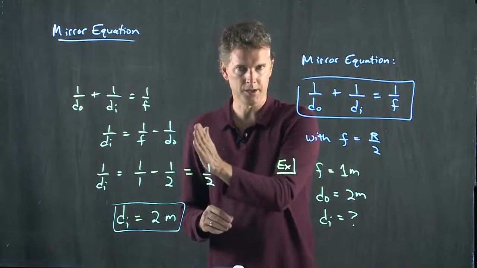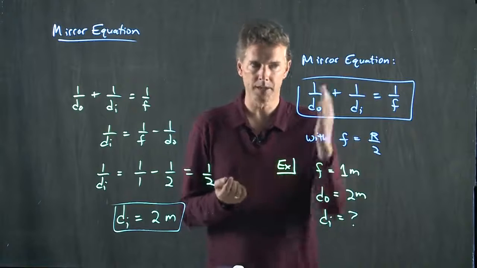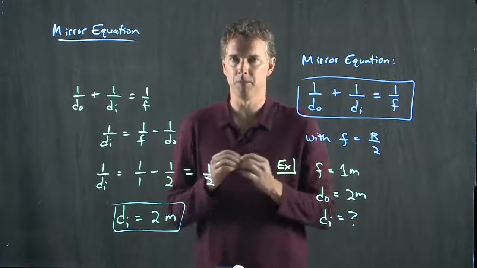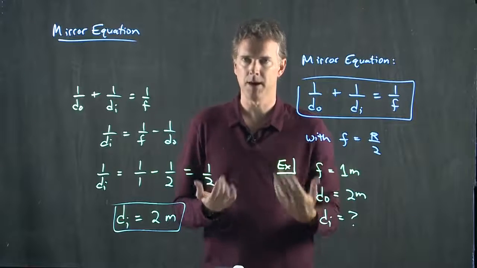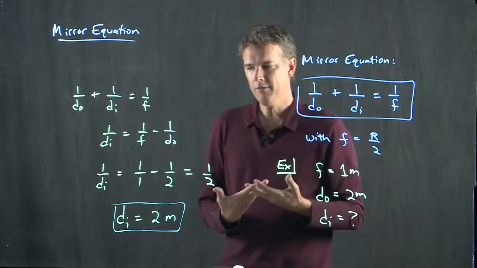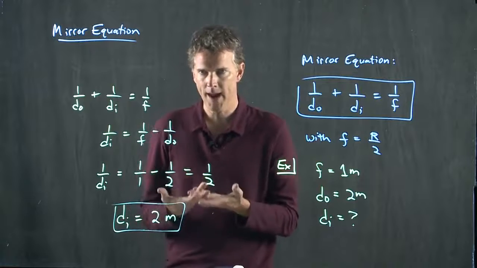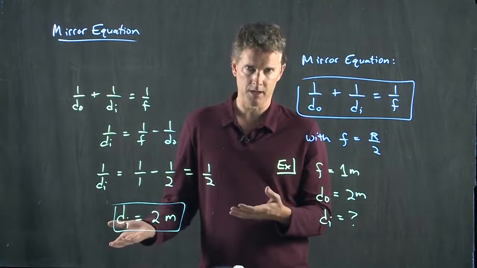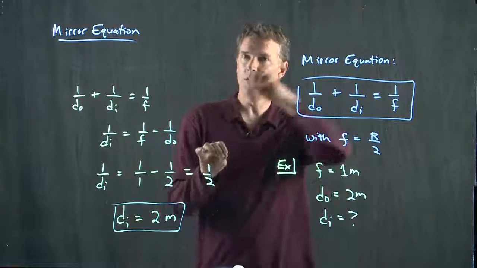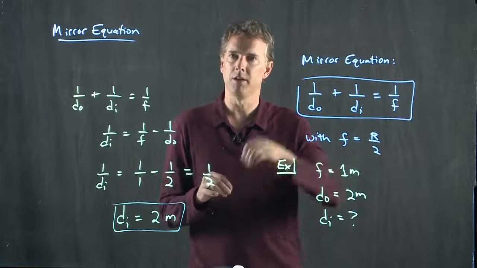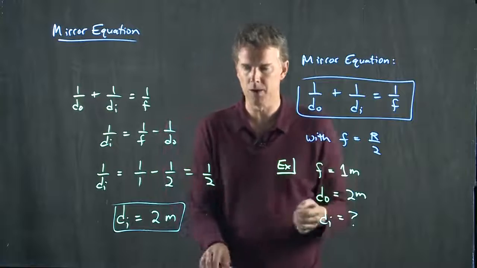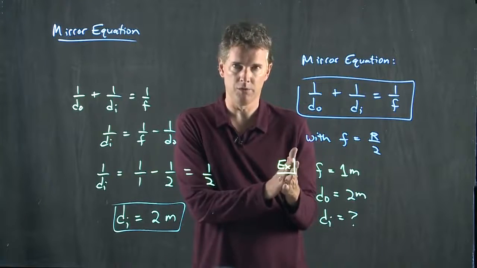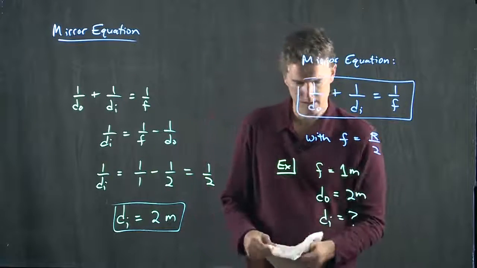So dO measured to the left is a positive number. di measured to the left is a positive number. f measured to the left is a positive number. If you solve the equations and you end up with a negative sign for di, that means the image is on the other side of the mirror. It's on the right side of the mirror. Okay? And that'll happen when you start to get very close to the mirror.